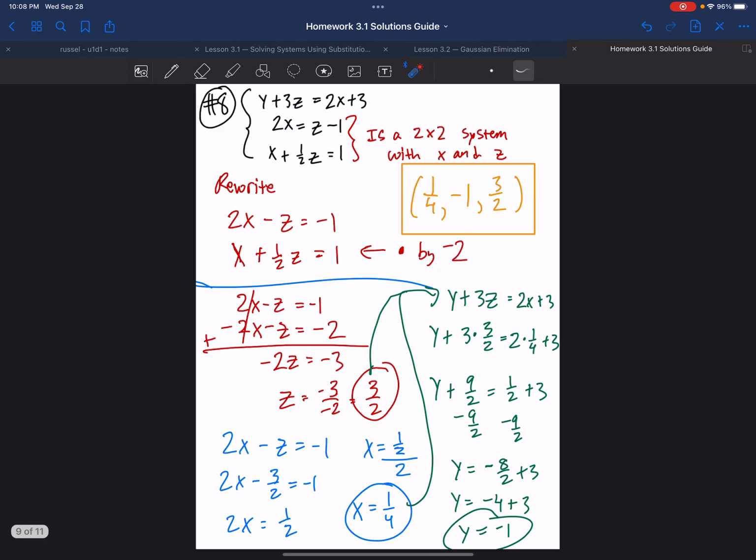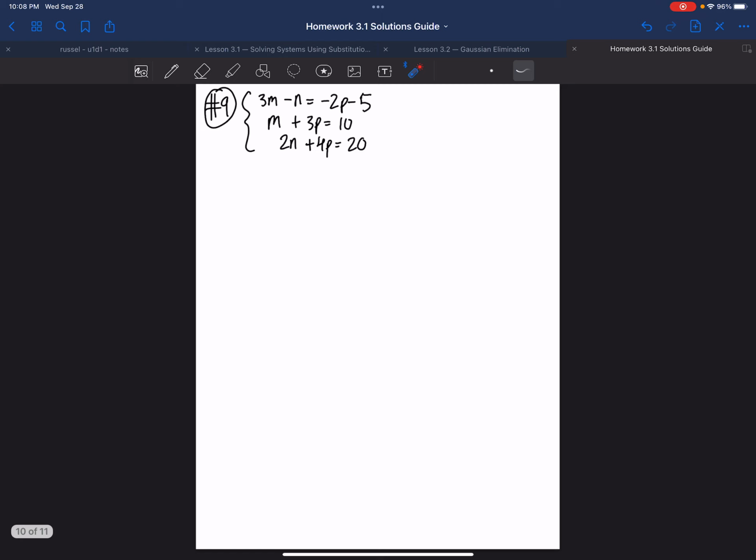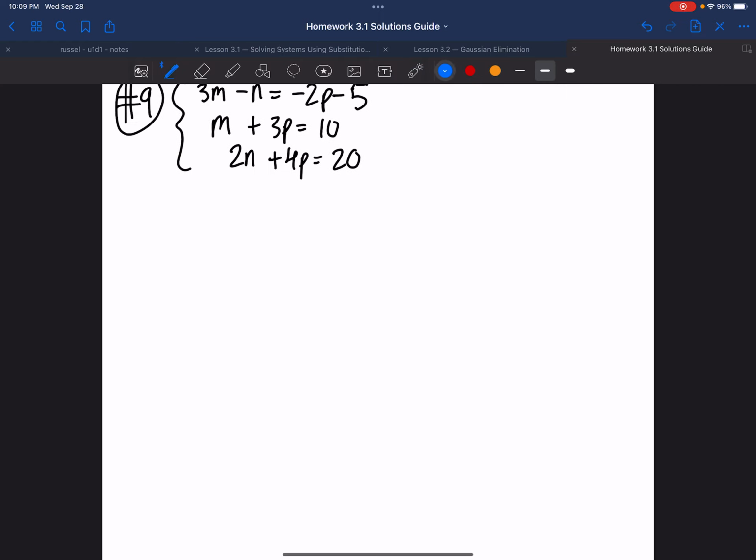So in the previous problem, we had a 2 by 2 system, and we just solved that 2 by 2 system first with elimination, and then we used substitution on the third equation on top. Number 9 is where this gets a little more tricky because this is not a 2 by 2 system. This is 2 equations with 3 unknowns, right?